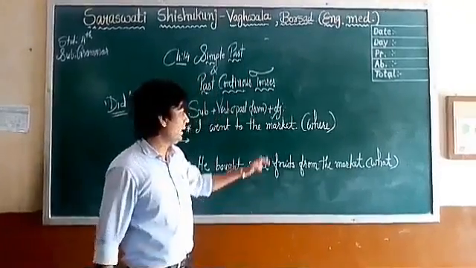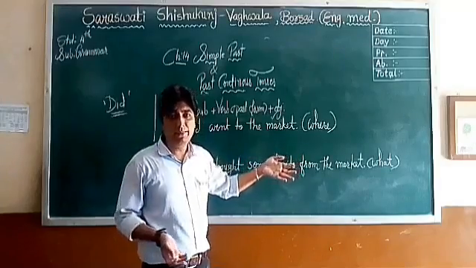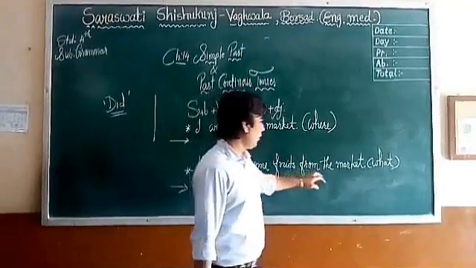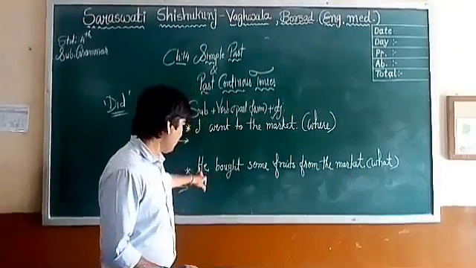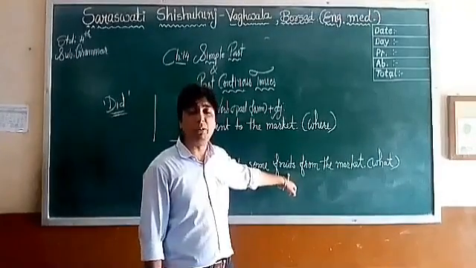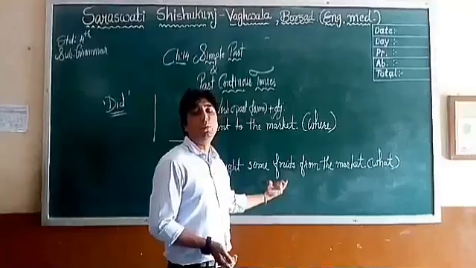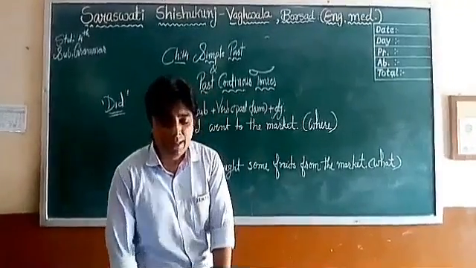While converting to question, I will not write the market because market is the place, right? Is the answer. Second, he bought some fruits from the market. What? Right? What? Some fruits. So in question, I will not mention these two words, right? Because they are answers. Okay?